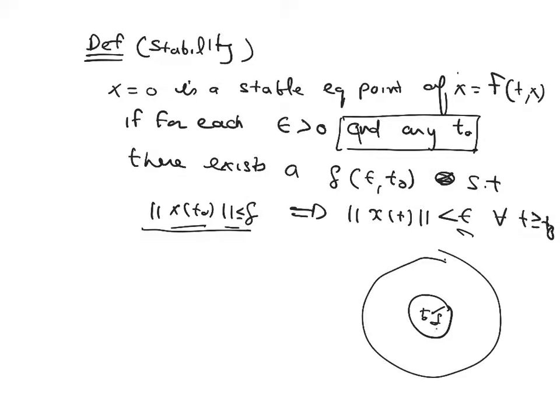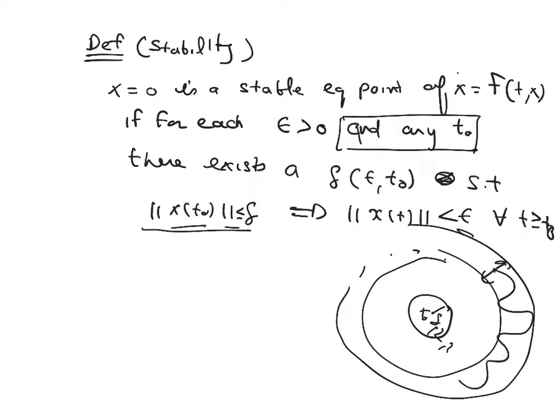If I fix delta, but start at 2 seconds or 3 seconds, this epsilon will change. So maybe you have a band where, depending on when you start, your trajectory can wander. So the epsilon, the ultimate bound, will depend on the initial time that you started for a time varying system.